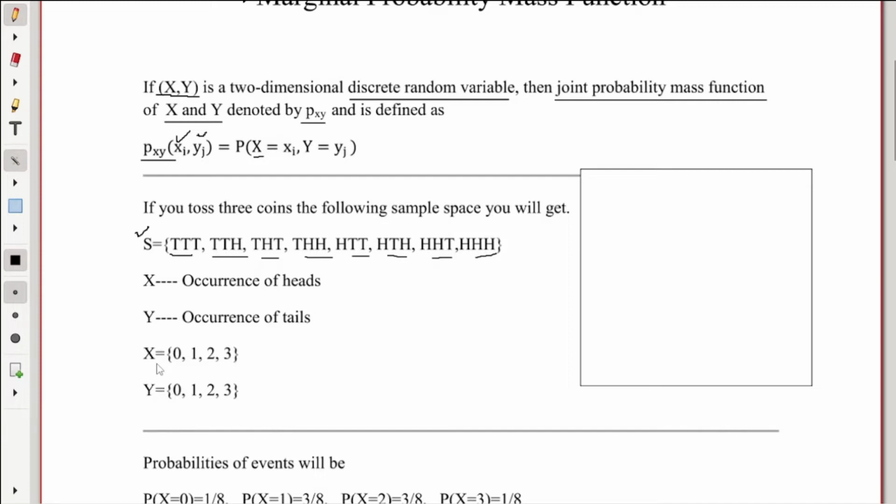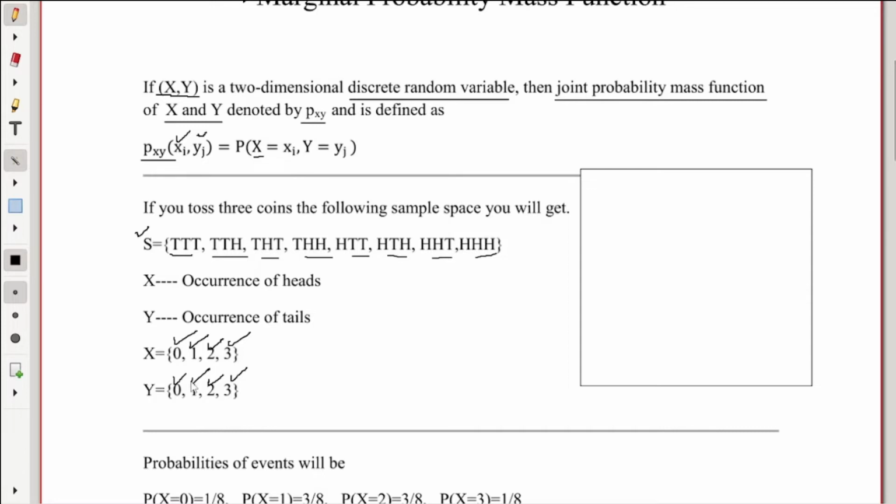So X can have 4 values: 0, that means there is no head, 1 head, 2 heads, 3 heads. The same way for Y: no tail, 1 tail, 2 tails and 3 tails.